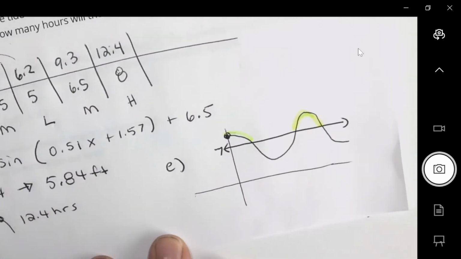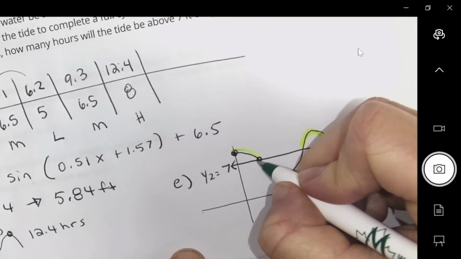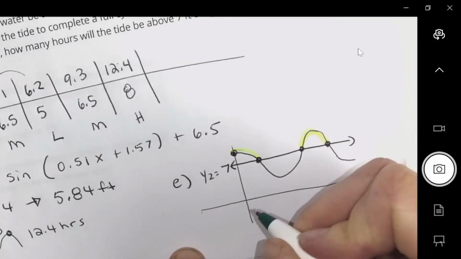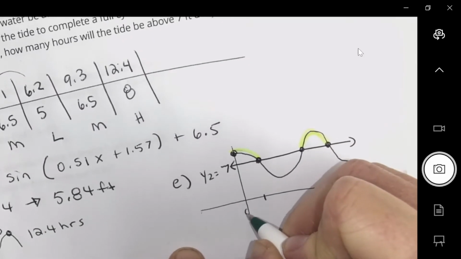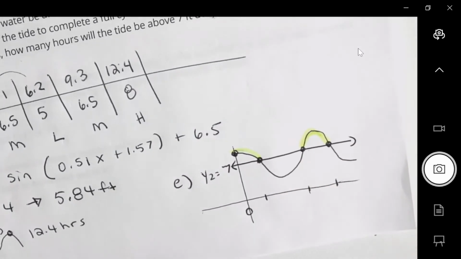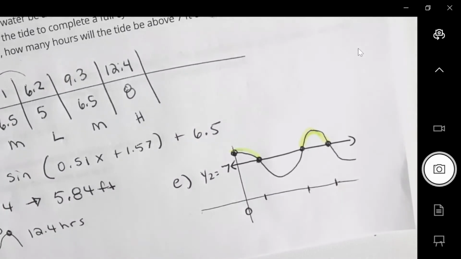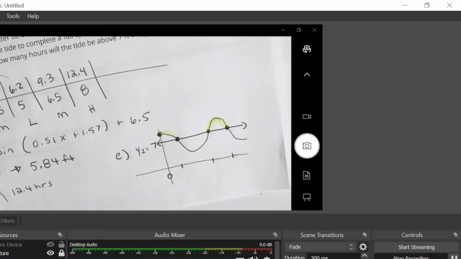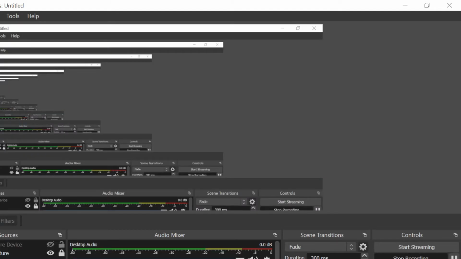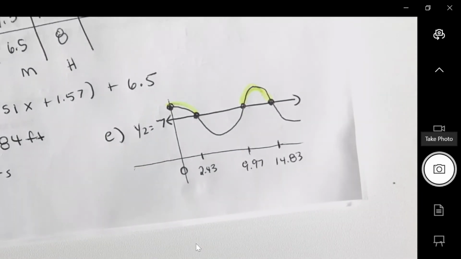Does that make sense? I'm going to do a Y2. I need these intersections. So obviously from 0, and then I need the intersection, intersection, intersection. Can you work in your calculator to get me those 3 intersections? Okay, the question says, how much time will it spend there?